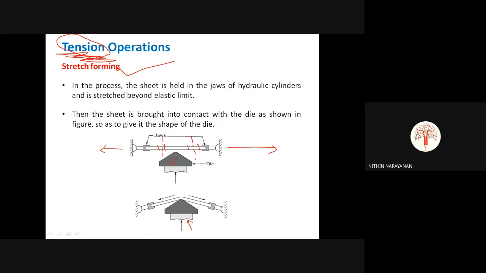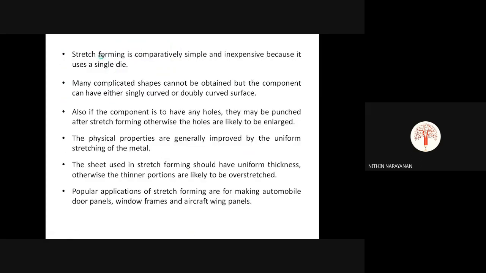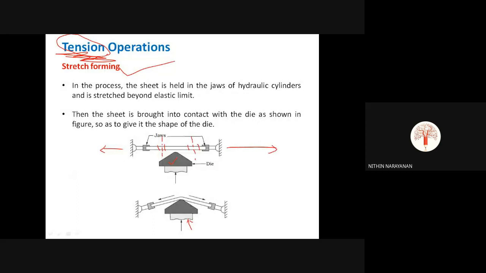In the previous examples, piercing, blanking, nibbling and so on, we worked on the sheet metal by applying shear forces, so shear stress was in play. But in this operation, tensile stress comes into play, because we stretch the element and then deform it. Stretch forming is the only example of a tension operation that you need to study in the syllabus.